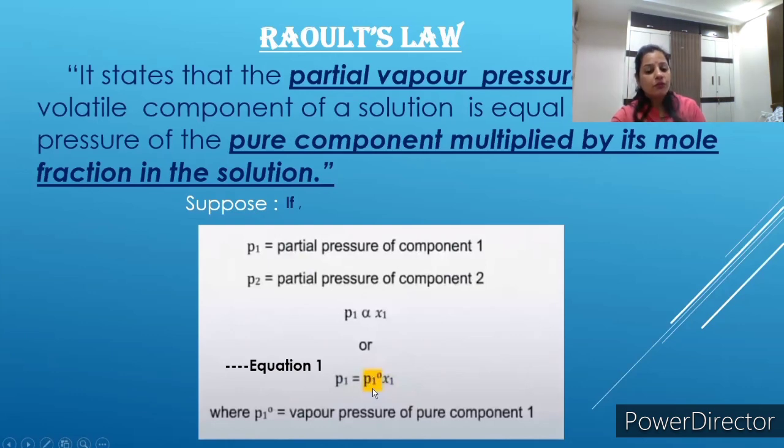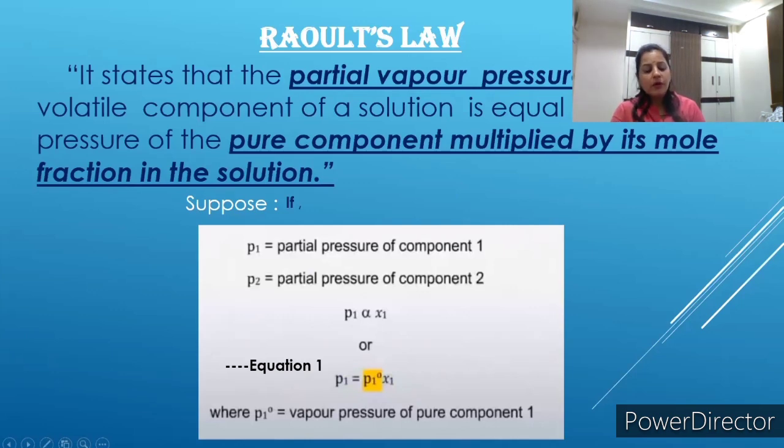This is the vapor pressure of the pure component, meaning when the two components are not mixed, it will have a different vapor pressure as compared to when it is mixed. So the partial pressure of component 1 is equal to the vapor pressure of the pure component multiplied by its mole fraction in the solution. Let x1 be the mole fraction of component 1. Then P1 is equal to P1 naught into x1. This is nothing but Raoult's law.